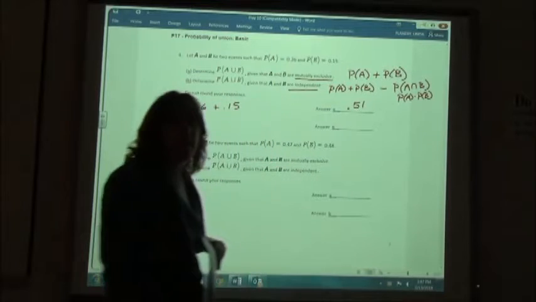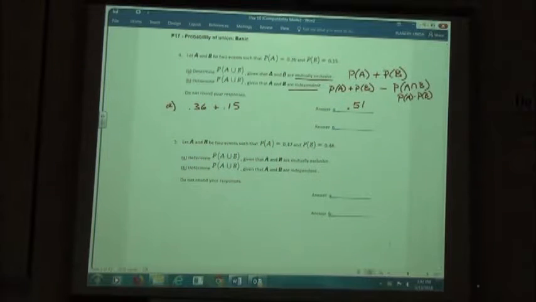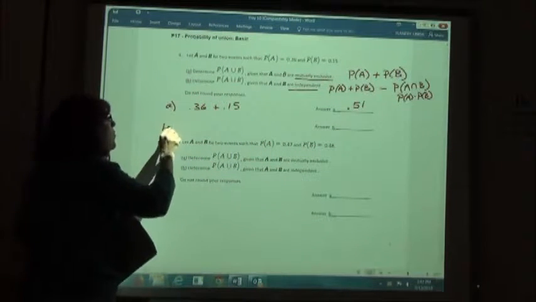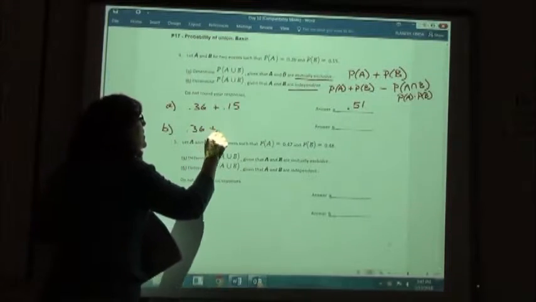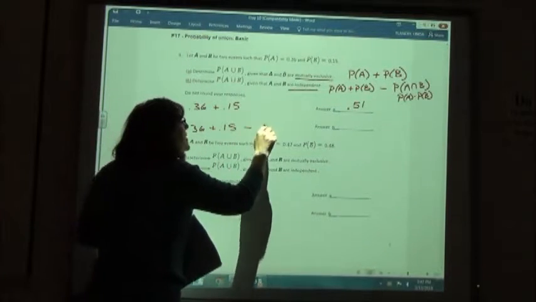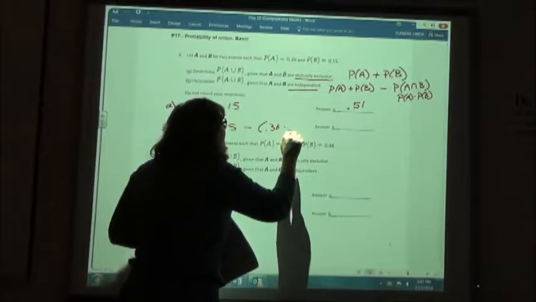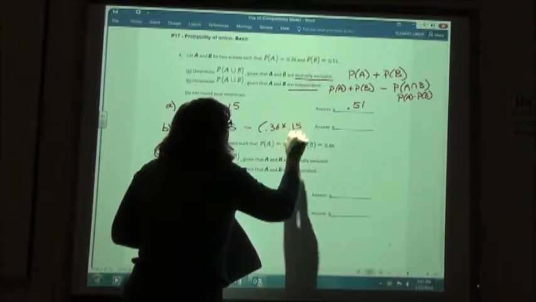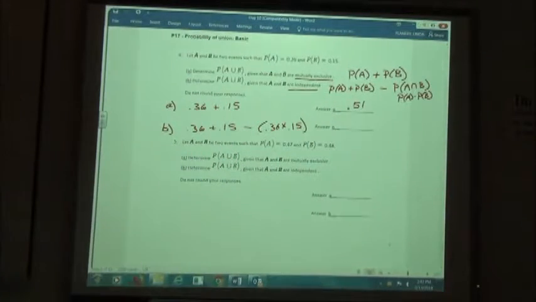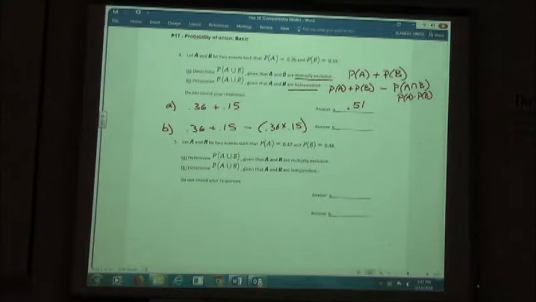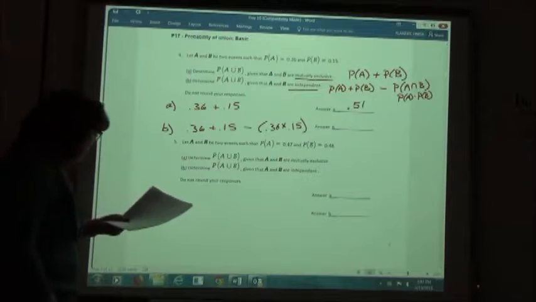We just did it in 2 steps last time. So on this one, for part B, we're going to take the 0.36 plus the 0.15, but we're going to subtract 0.36 times 0.15. I'm going to make it an X times. And so on the previous ones, we did that in 2 steps. We figured out the second part, and then we did the part B part.